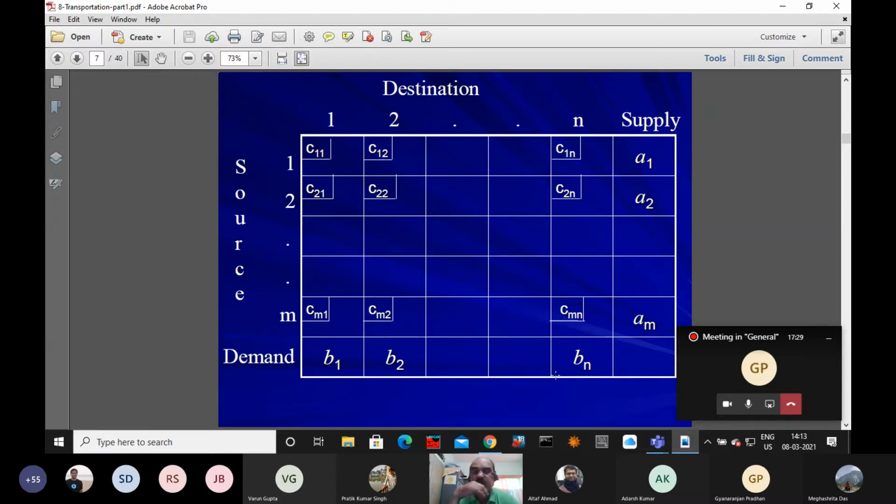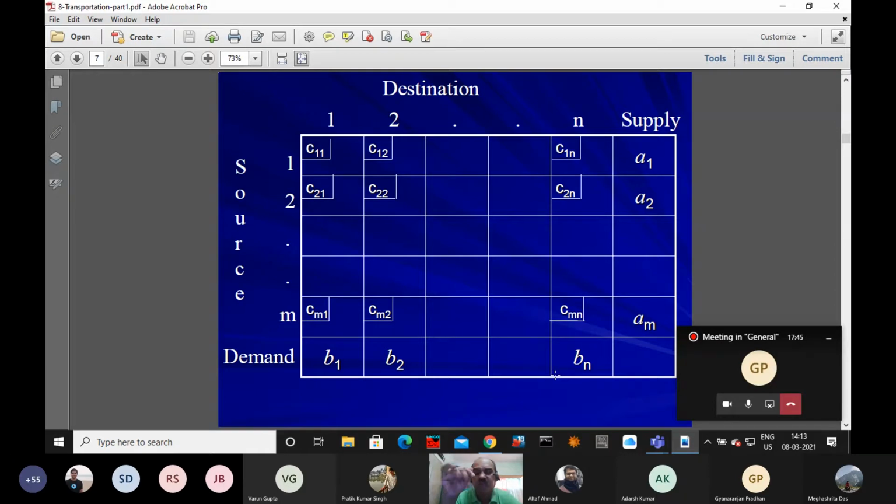In every cell there is an element Cij: in the ith row, jth column, the element is Cij. This is the transportation cost. In every cell there is also a decision variable, which is unknown and which we have to find out.